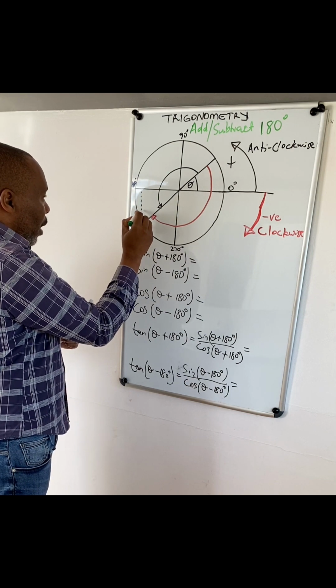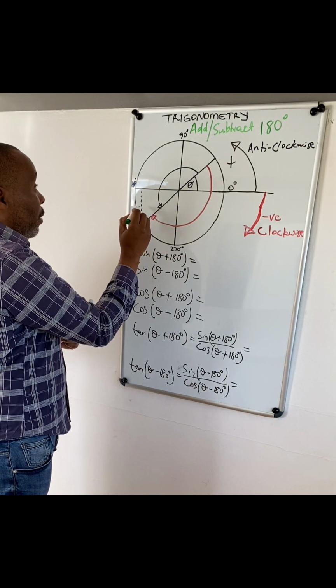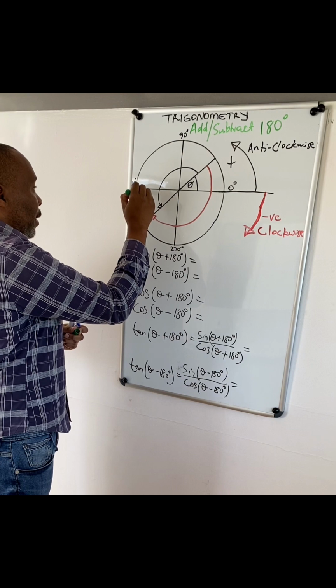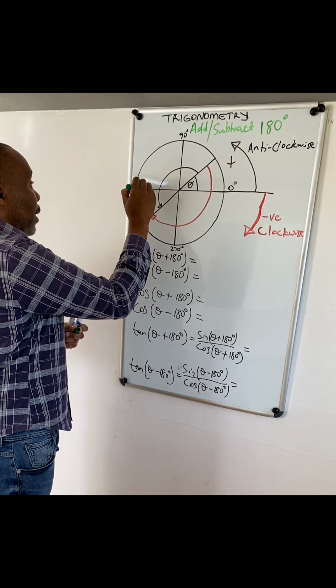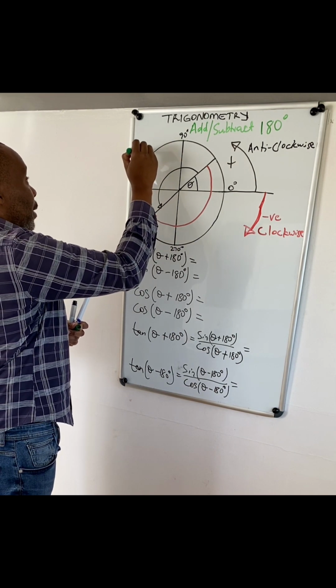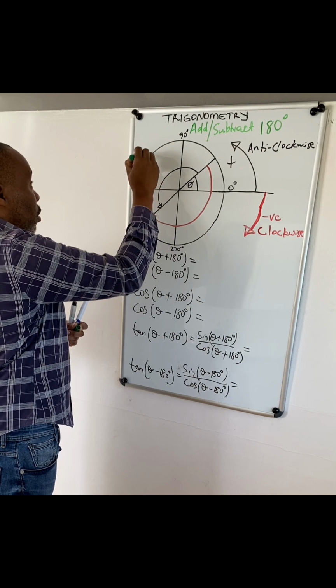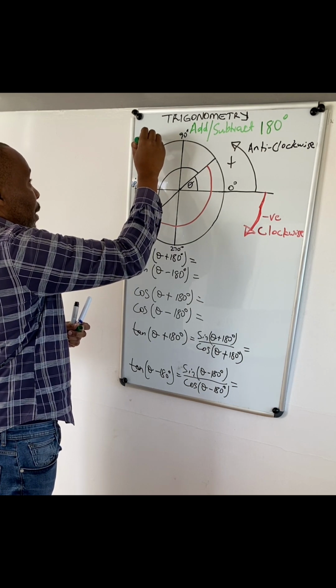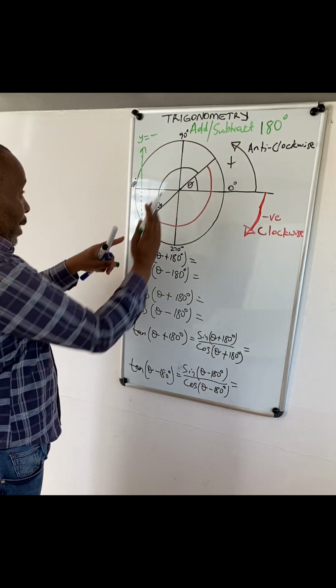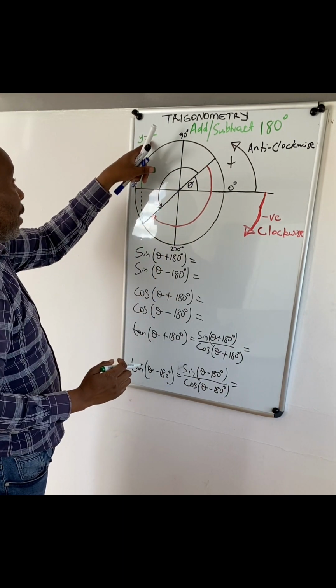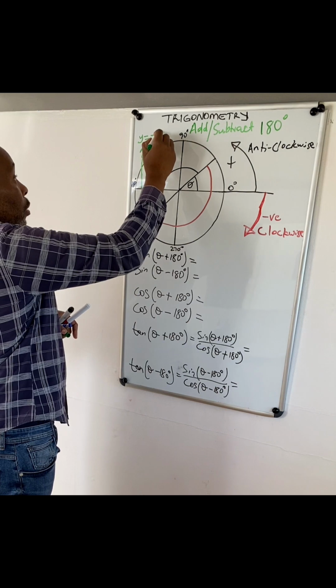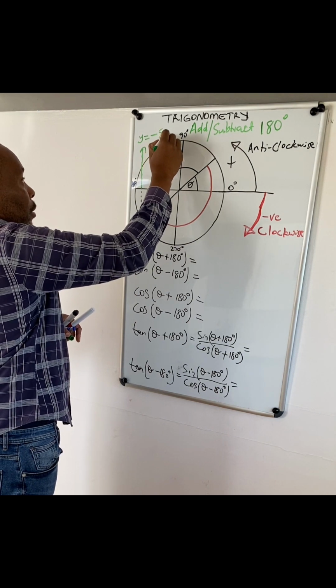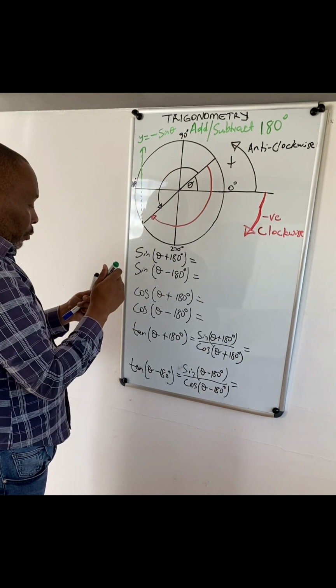I want to take my y so that we are in full cognizance of that. Let me put my y here. Y is negative. And we know that y is equal to the sine of theta.